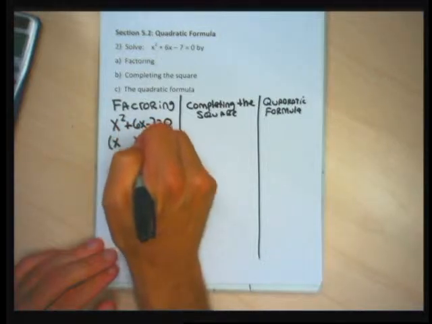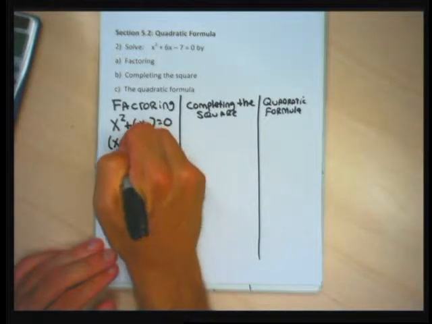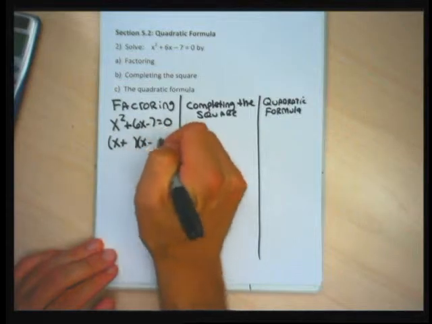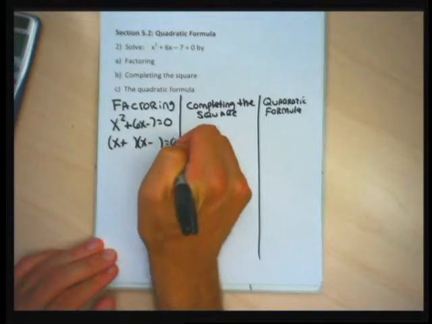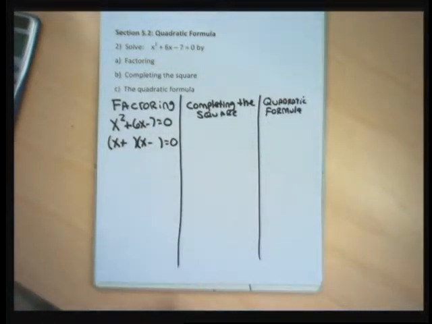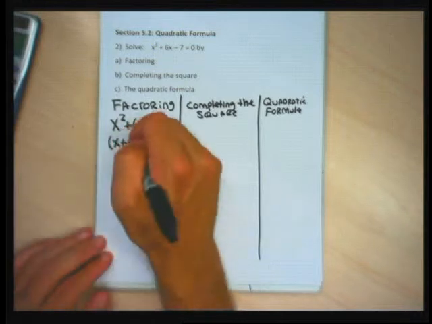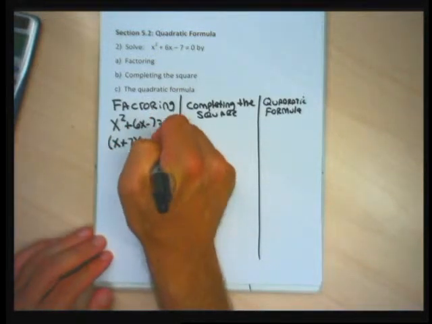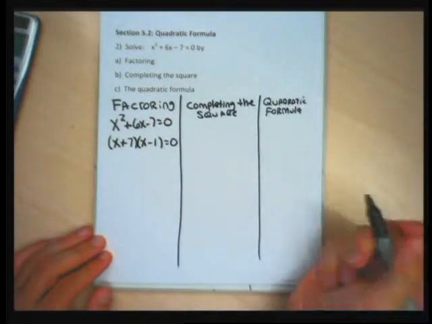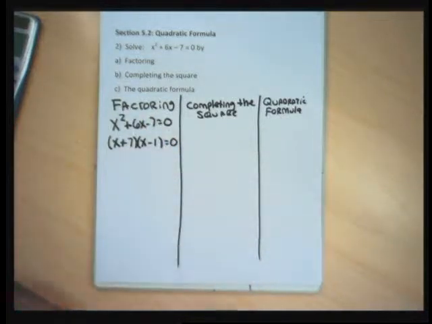Solving it by factoring would probably be the way I would choose if I wasn't told to use a specific method. So x squared plus 6x minus 7, I know that I don't need bottoms up because there's not a number in front of the x squared. I know that my signs have to be plus and minus. My lasts have to multiply to 7, subtract to positive 6. So it's going to be a positive 7 and a minus 1. If you FOILed that back out, you'd get exactly the line above it.